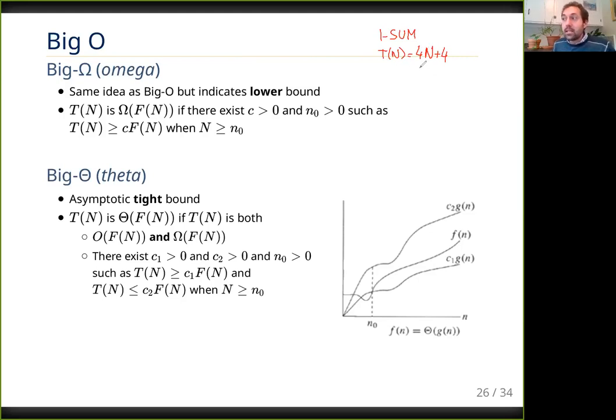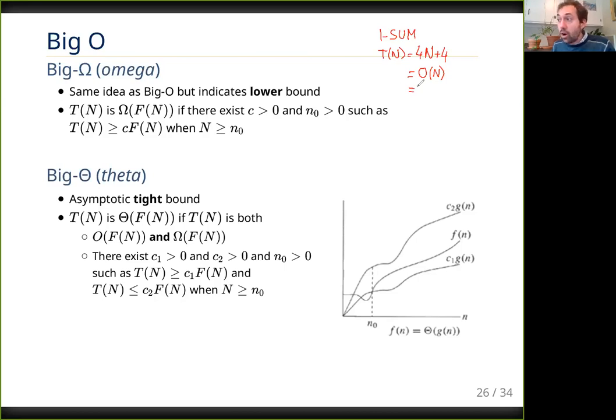So here, if we try to find the closest big O that characterizes this function, we could find that it's big O of n, because we can find a coefficient c for a certain value n0 that makes this equation an upper bound to 4n plus 4. Now we could also find the tightest big omega, the lower bound.